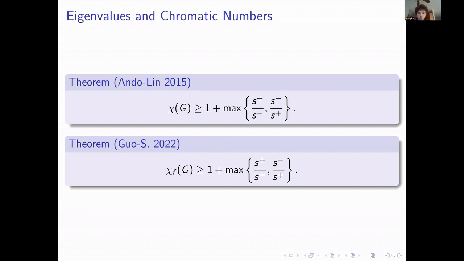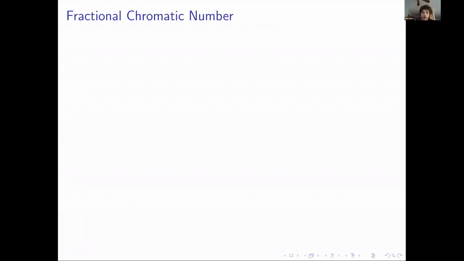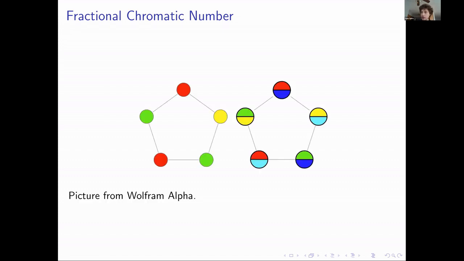Okay, cool. So let me define what the fractional chromatic number is. And at least in my mind, there are two kind of natural-ish ways to approach this. One is in terms of the coloring procedure. So on the left here, I have a usual coloring of C5. And it's a proper coloring in that if I look at any edge, if I see any red at one endpoint, I don't see any red at the other endpoint.